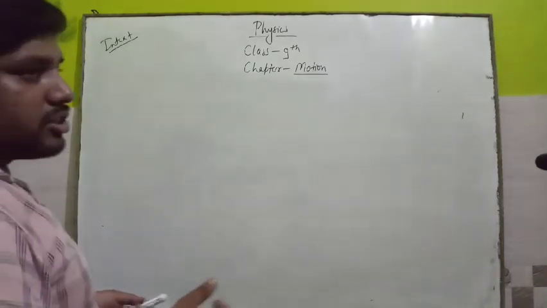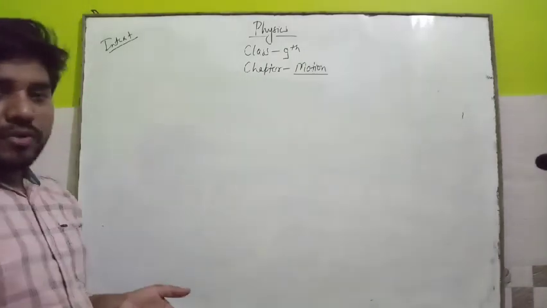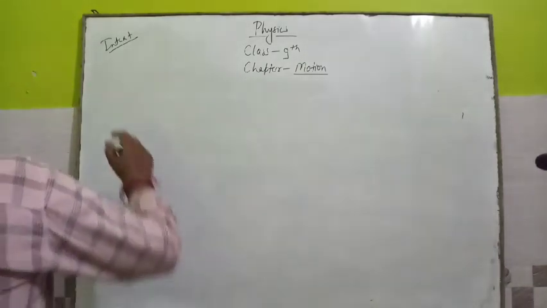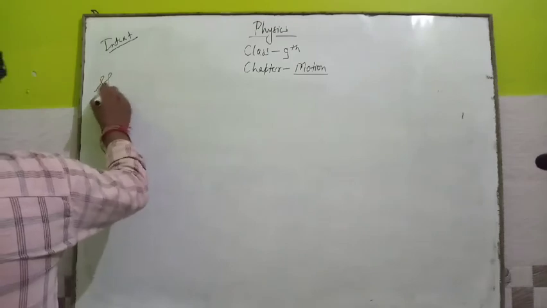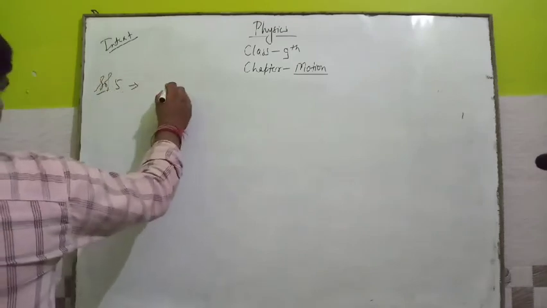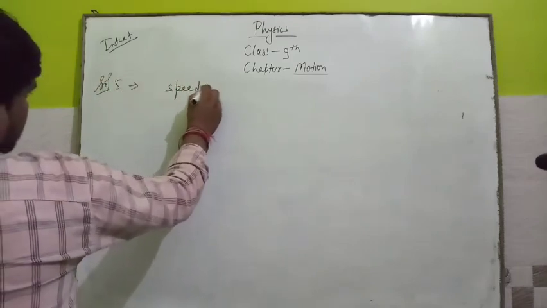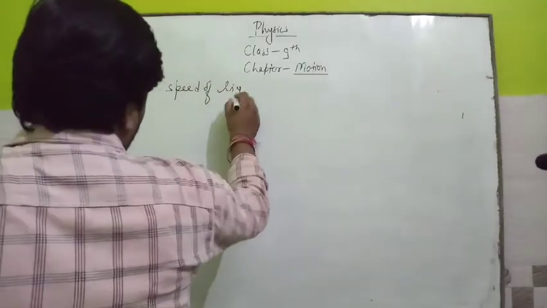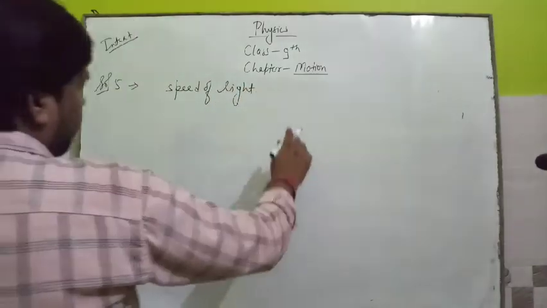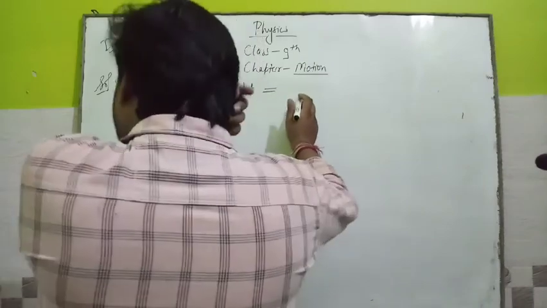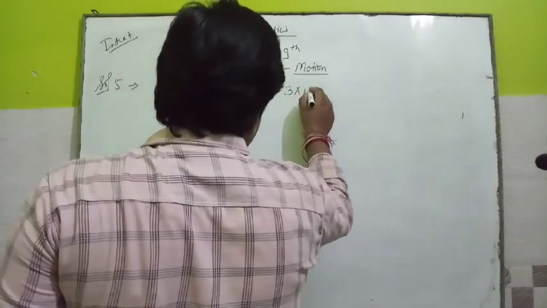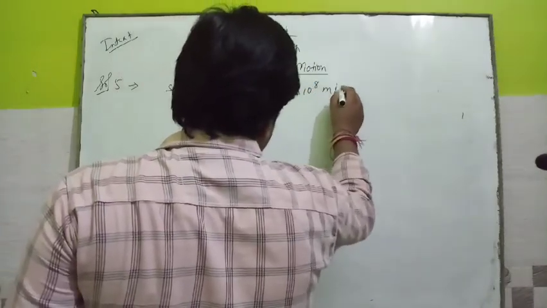You know that the signal is traveling with the speed of light, and you know what the speed of light is. First of all you write here: Solution 5. Speed of light. I had already told you, the speed of light is 3 into 10 to the power 8 meter per second.